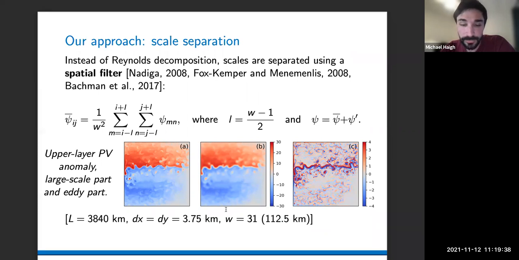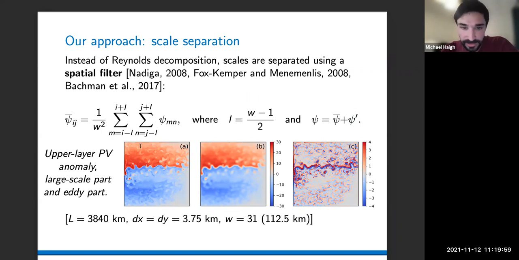So that means that the filter spans 31 grid points in the horizontal direction. We use this filter to find our large scales, and then the eddies, which we denote using a prime here, are simply taken as the difference between the large scales and the full flow.